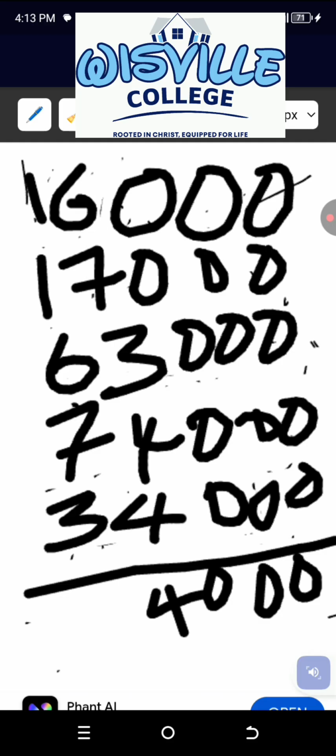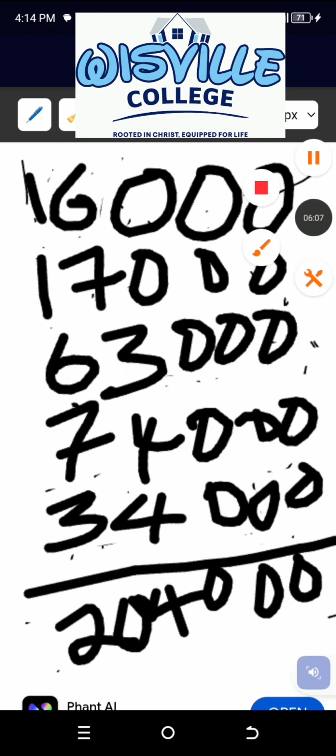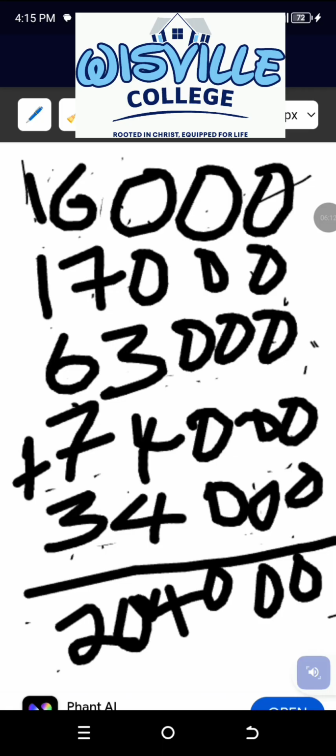So 2 plus 2 is 4, plus 6 is 10, then 20. So you have 20. So this is the answer as estimated.